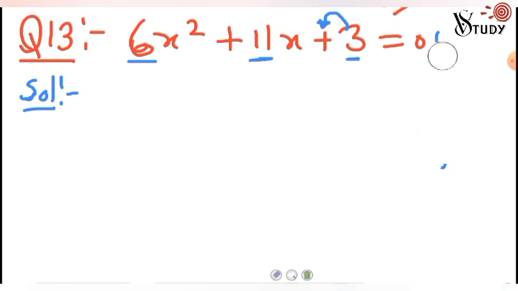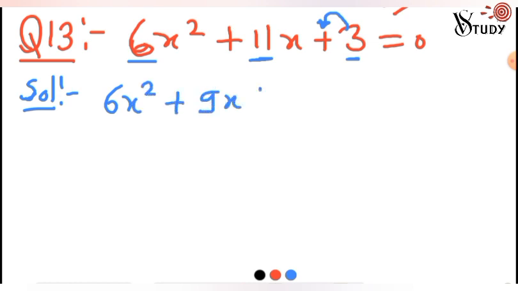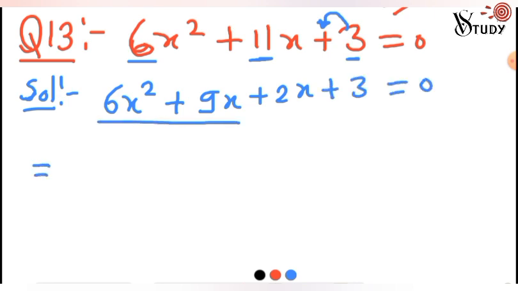I'll try to teach you each and every quadratic equation with the basic concept. So now solve 6x square plus 9x plus 2x plus 3 equal to 0. Now take common from the first two terms. From here we can see 3 and x is the common multiple of both terms.